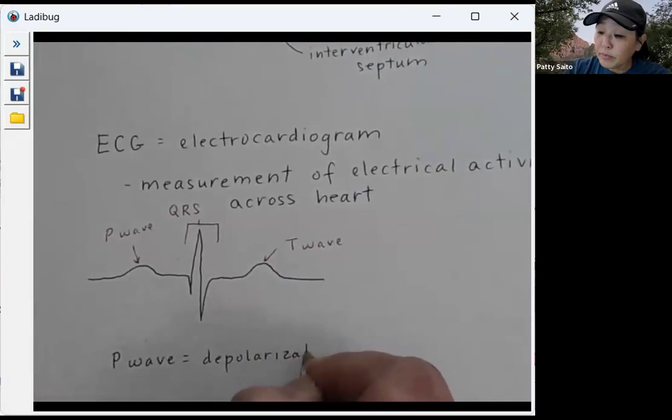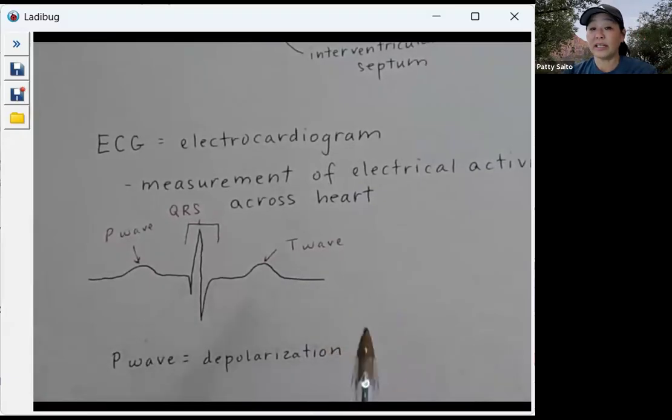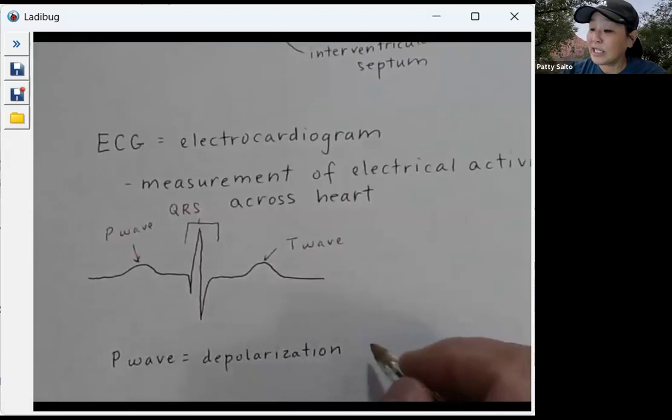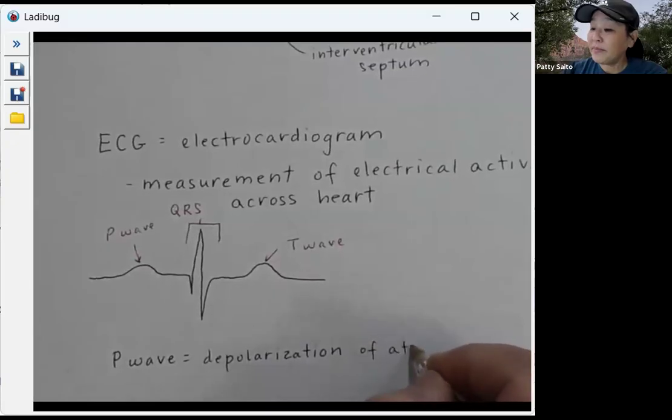And I use the term depolarization, not contraction. Remember, we're not talking about contraction. We're talking about the electrical part. So that's depolarization, where in the neuron, it was the sodium ion channels open and sodium comes rushing in. That's what's picked up. So this is depolarization of the atria.